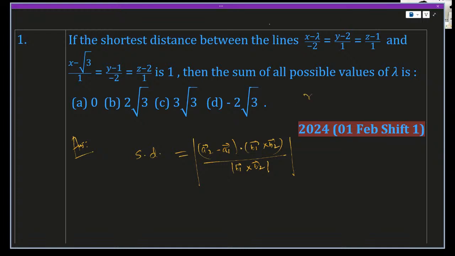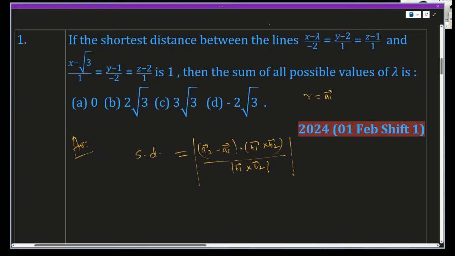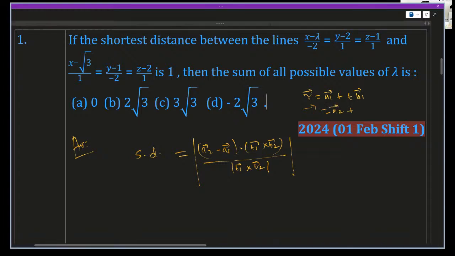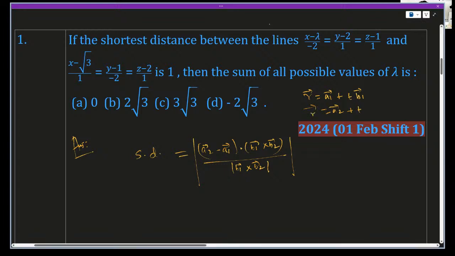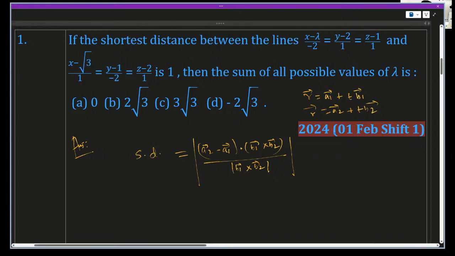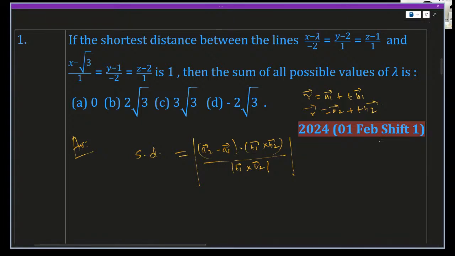The first line is of this form: r equal to A1 plus t B1, and the second line, r equal to A2 plus t B2. SD equal to this.